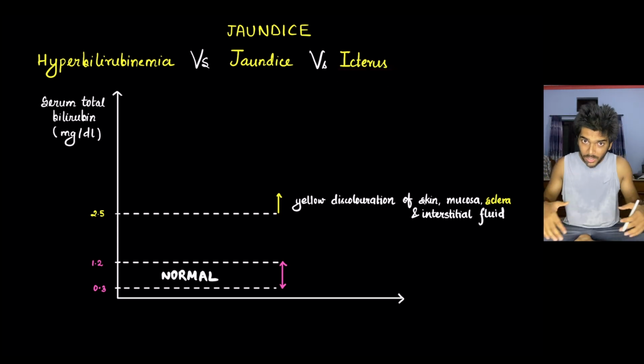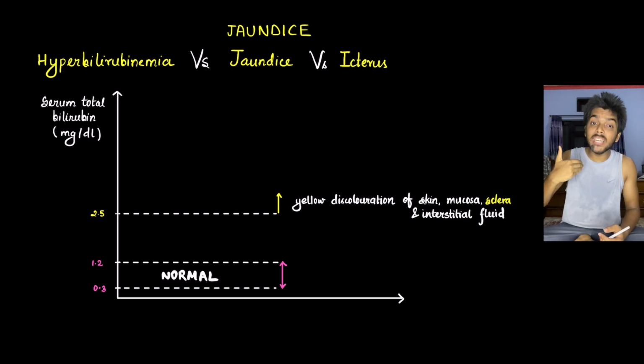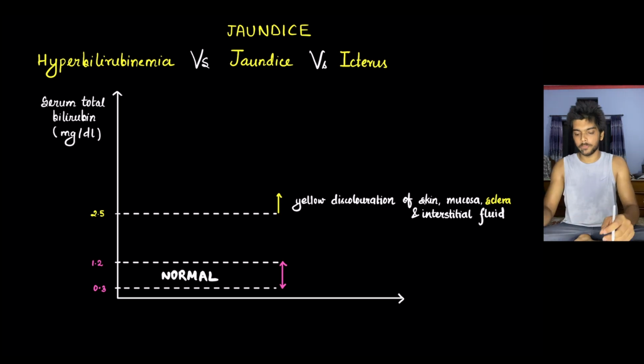So the total yellow discoloration of skin, sclera, mucosa, interstitial fluid due to significant hyperbilirubinemia is your full-blown jaundice. But when you are referring to just the yellow discoloration of the sclera, also due to the same significant hyperbilirubinemia, that is icterus.